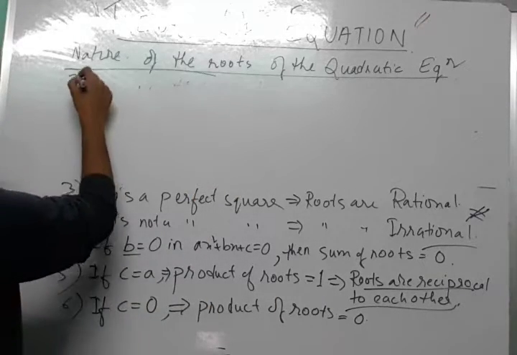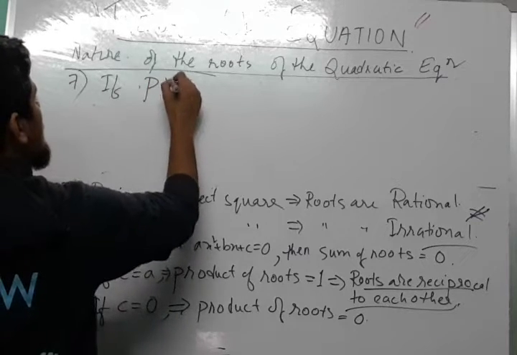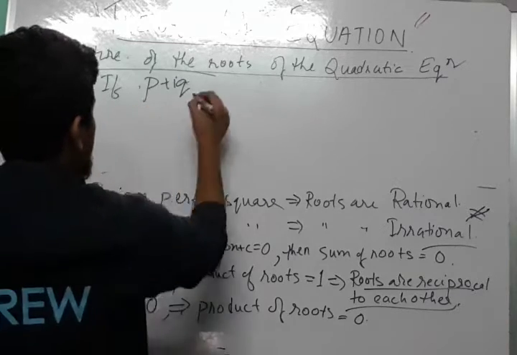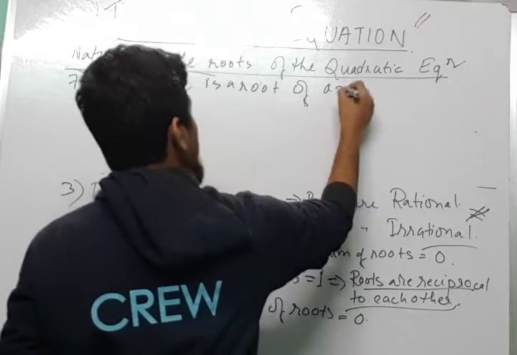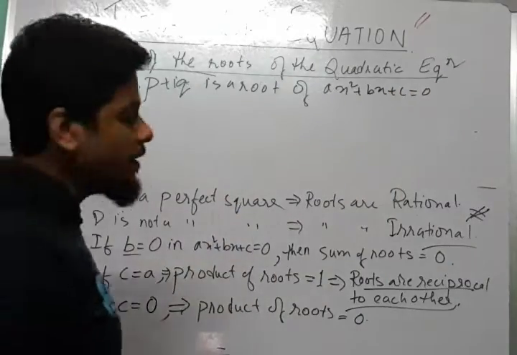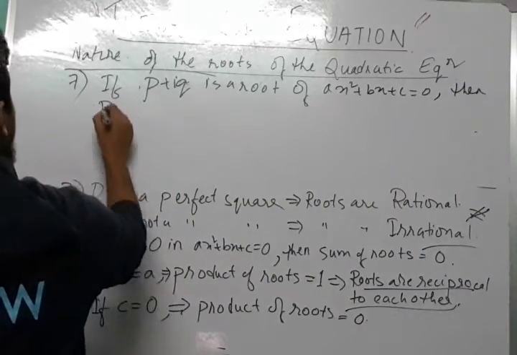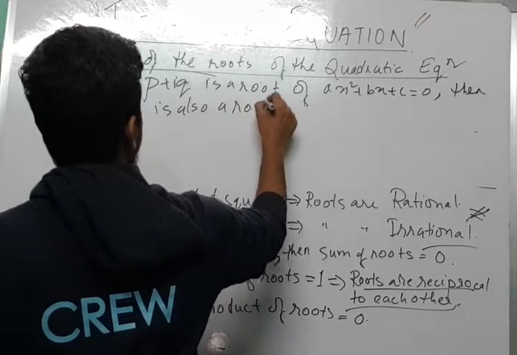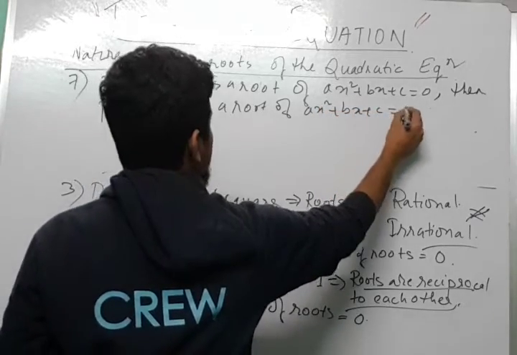So now the next condition that we will be talking about is that if p plus iq, an imaginary root of the format p plus iq, is a root of ax squared plus bx plus c equal to 0, then p minus iq is also a root of ax squared plus bx plus c equal to 0.